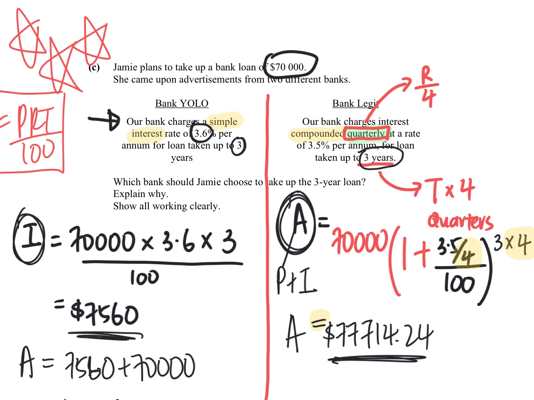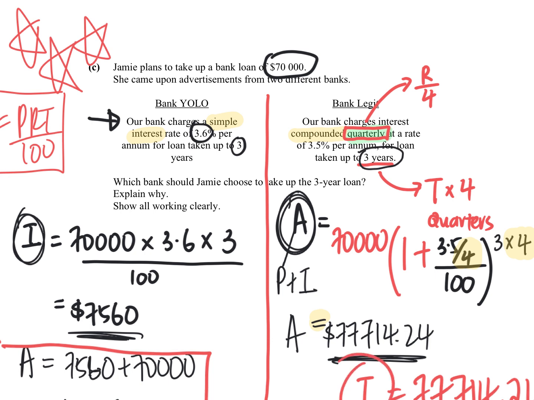So it's either you go and do this extra step here, or you do this extra step here by subtracting. So you see what is easier for you. Both are correct. So remember, you must be comparing the same thing. So interest with interest, A with A.